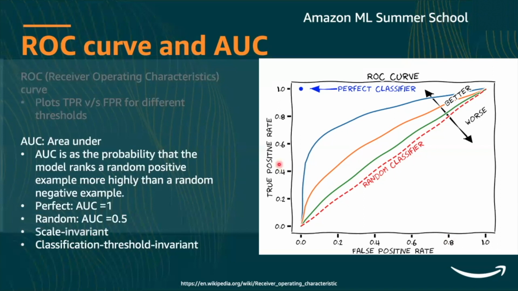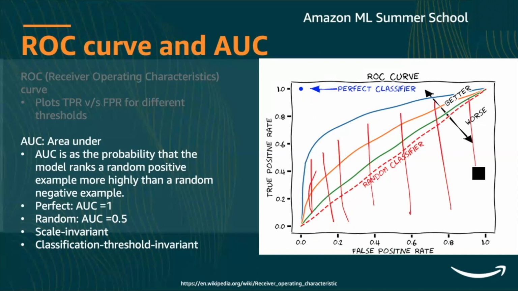Okay. We can also compute the area under this curve. As I said, the more you go this way, the area under this curve, which is denoted by this, increases. This area increases as you move in this direction.